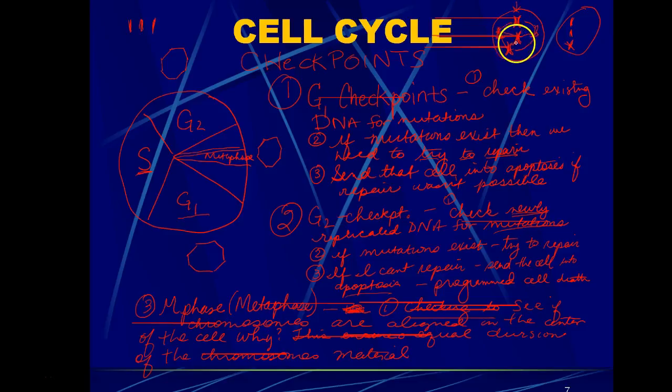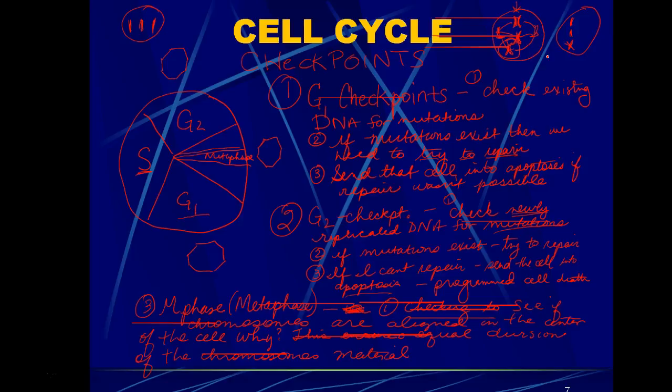But if non-disjunction happens because these guys weren't aligned in the center of the cell, somebody might end up with what? Too much DNA. Instead of getting 2, you ended up with 3, because you get 2 from this one, and then when the other cell had the other extra one, you end up with 3 chromosomes. And since we're talking about Down syndrome, 3 chromosome number 21.